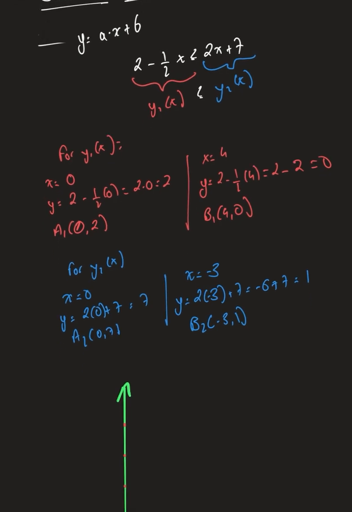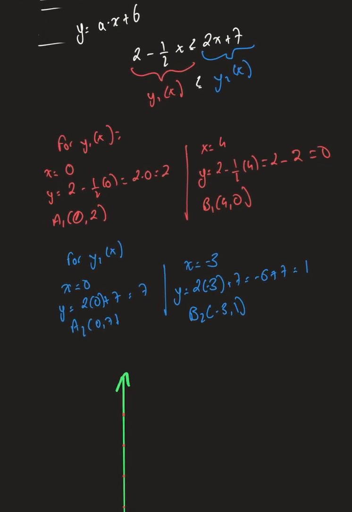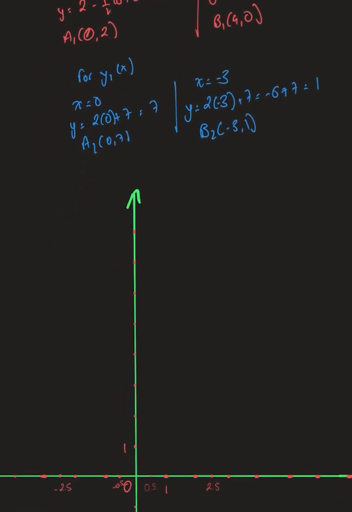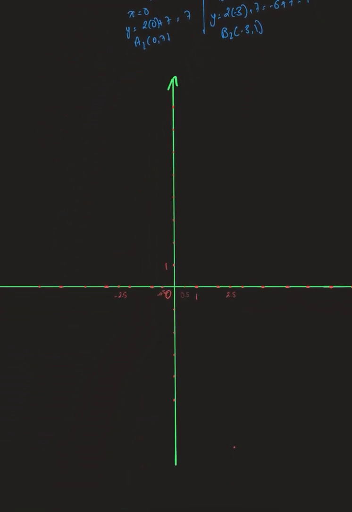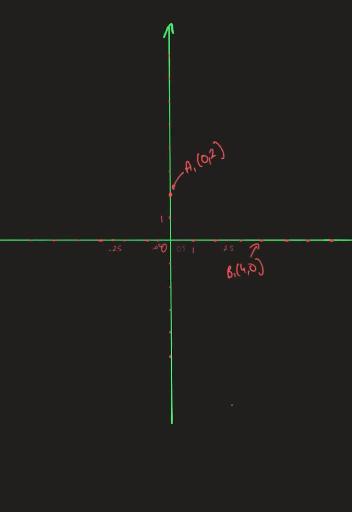Now, having those 4 points, we can represent both functions by plotting them in this graph. And that's what we're going to do right now. As you can see here, we have the points a1 and b1 in the graph, and we just need to draw a line between them to have the representation of y1 of x, and we're going to put it here, y1 of x.